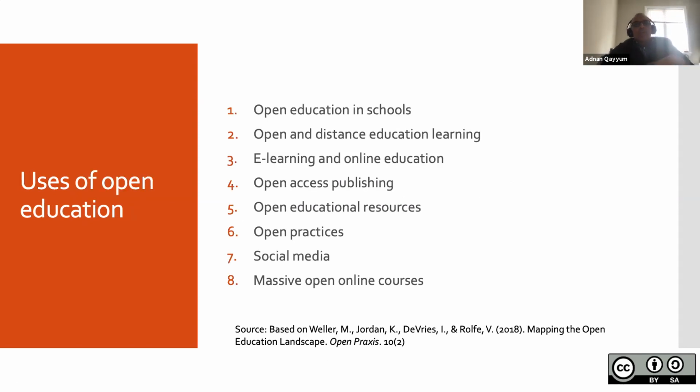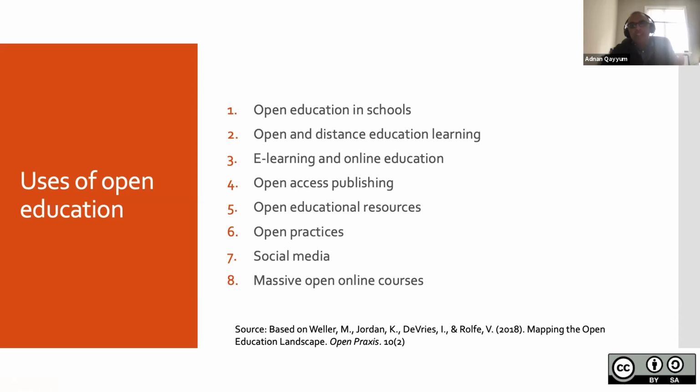One of the things we wanted to figure out is, what does open education mean? How has that been used historically in the US and in other places? We based this on an article by Martin Weller and Erwin de Vries from Thompson Rivers University, among others, Katie Jordan, who talked about open education as being used in 8 distinct ways over the decades.